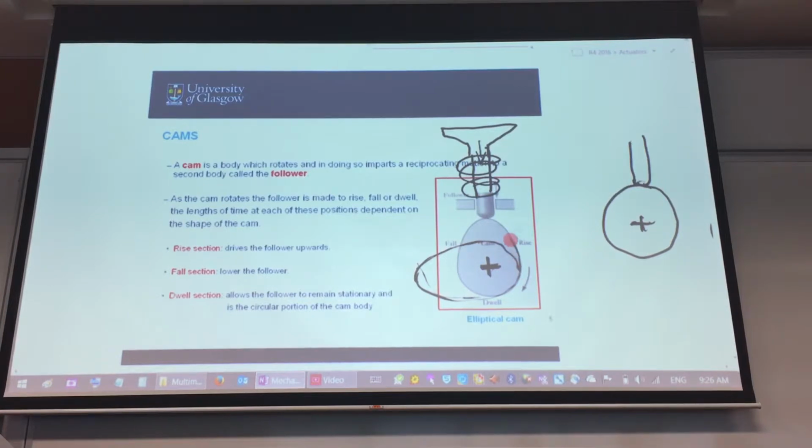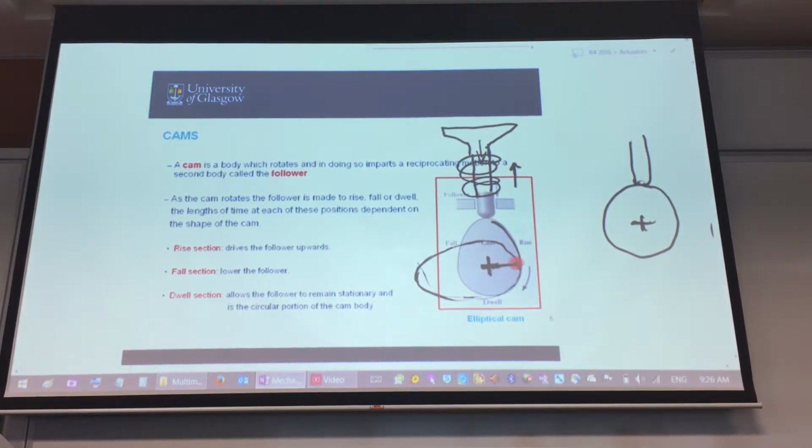So that's why this is called rise. Now why is it rising? Because your follower will be moved upward as this cam rotates. So in this position, that is its maximum displacement toward this direction. So that part here constitutes the rise.